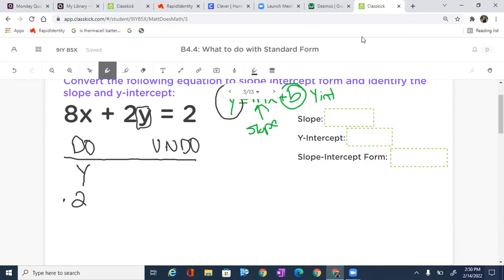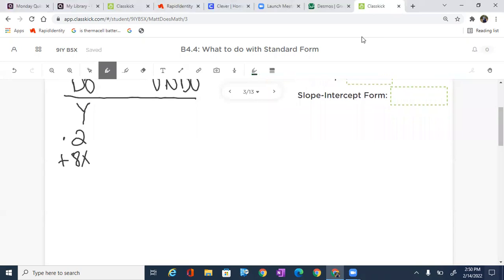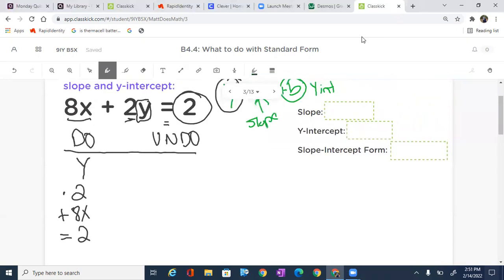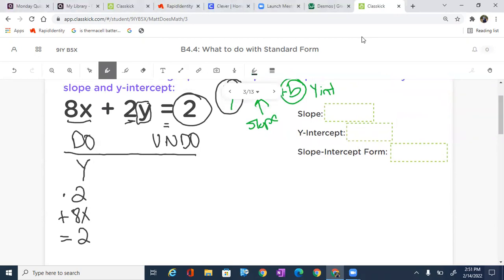Then after we multiply by 2, we add 8x to it. After we add that 8x, our answer should equal this value of 2. So we are starting with y, multiplying by 2, adding 8x, and that is equal to 2.